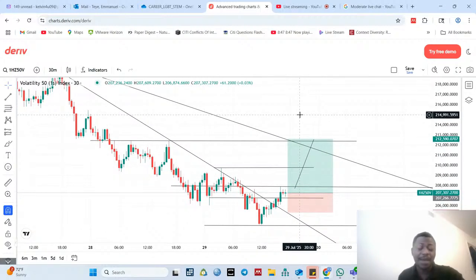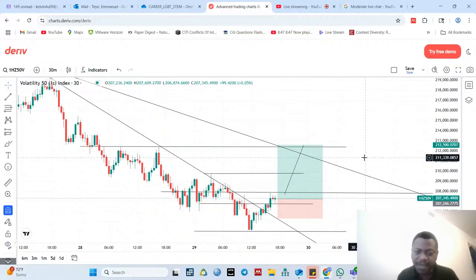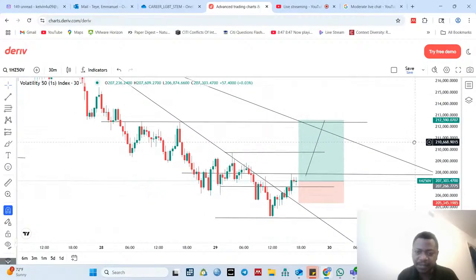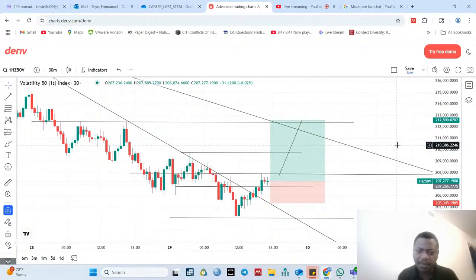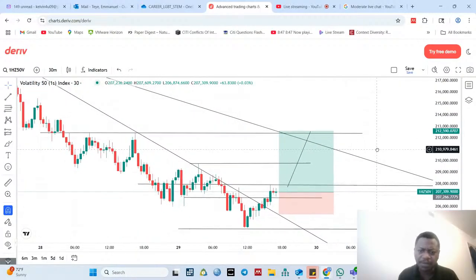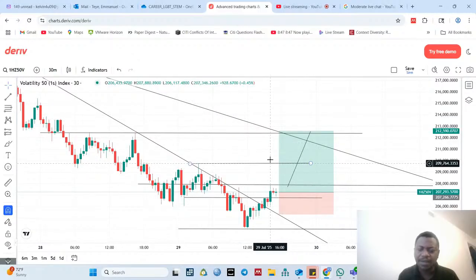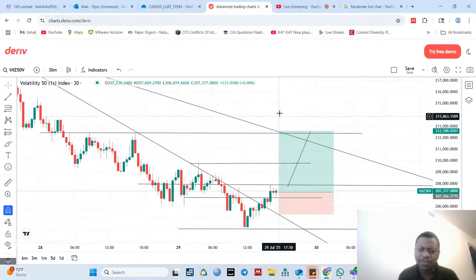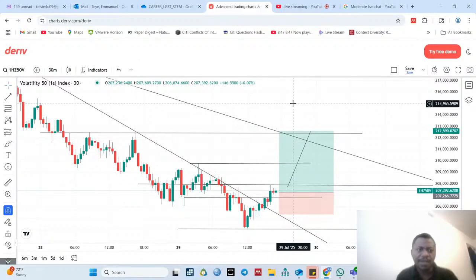That's why I'm very particular about being very sure and having the perfect confirmation that we should have this pullback. Otherwise, I don't want to be trading against the trend.